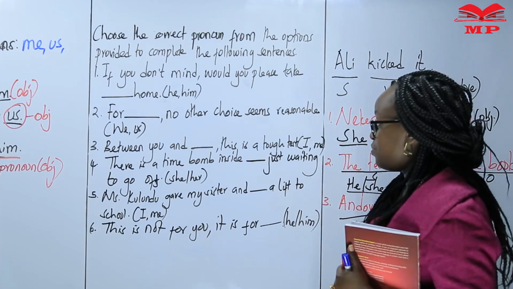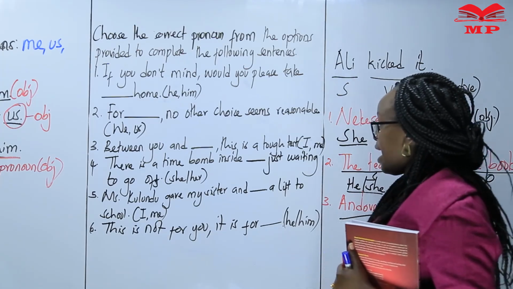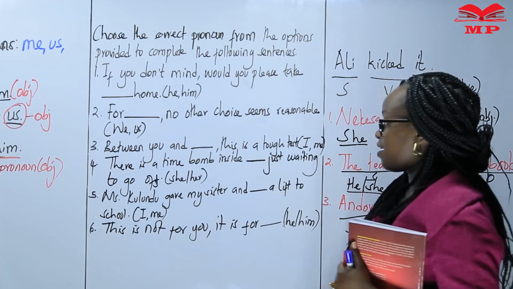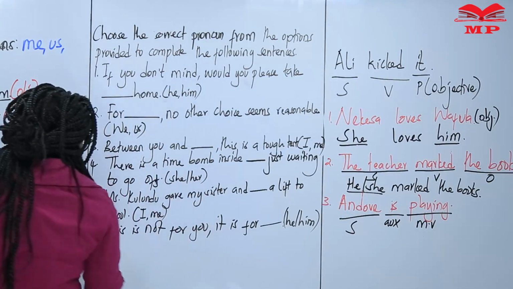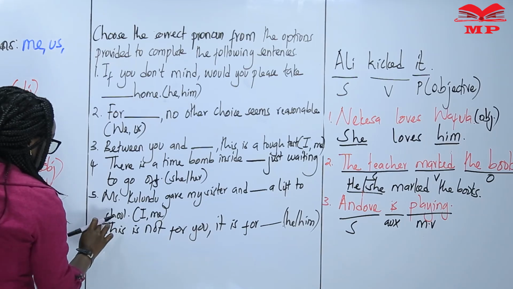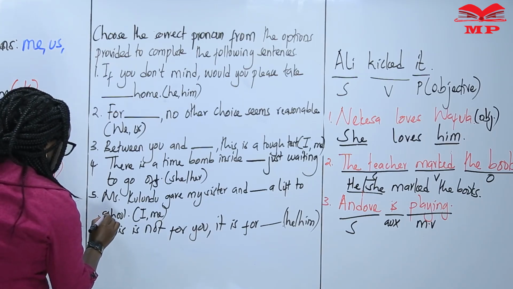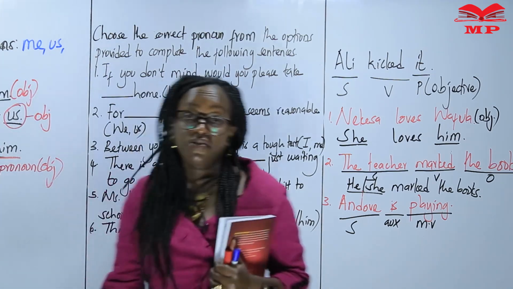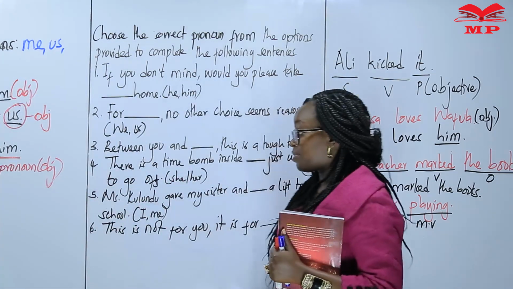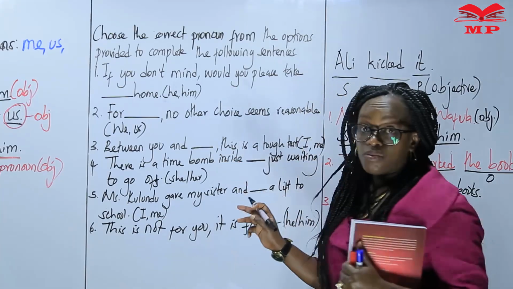Number 5: Miss Kulundu gave my sister and dash a lift to school. Then we have I and me. Let me just correct this S. It looks like a capital S, which is actually wrong. It should just be a small letter s. You remember that you're supposed to obey the rules of punctuation even as you write out these sentences for your assignment, that if the dash comes here in the middle of the sentence, you know what to do.